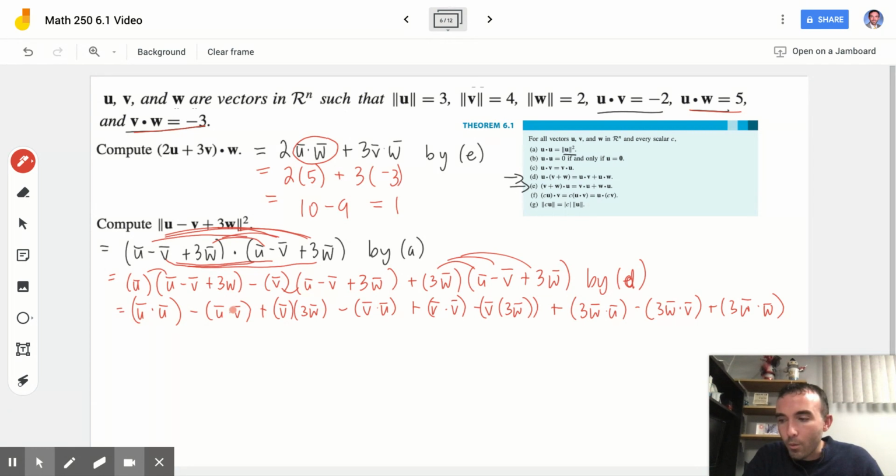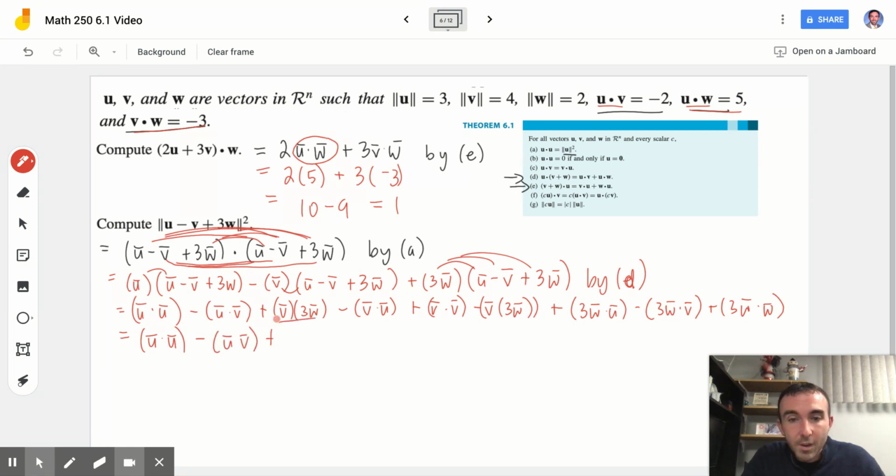And now comes some of the more cumbersome parts. We just want to regroup things with our scalars and in the correct order, because we're basically in alphabetical order. We have uv, uw, vw. So in places where we don't have that, we want to make sure that we do.